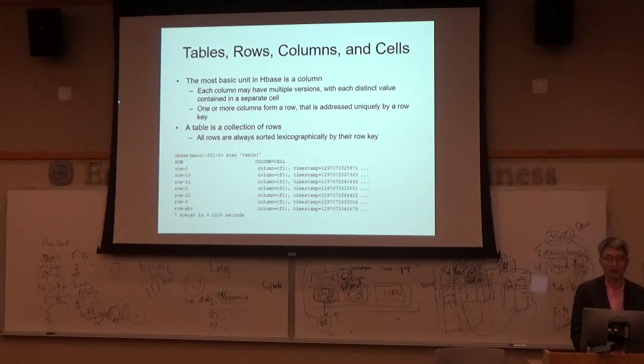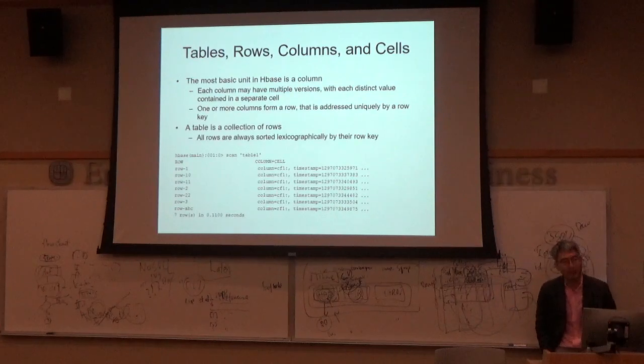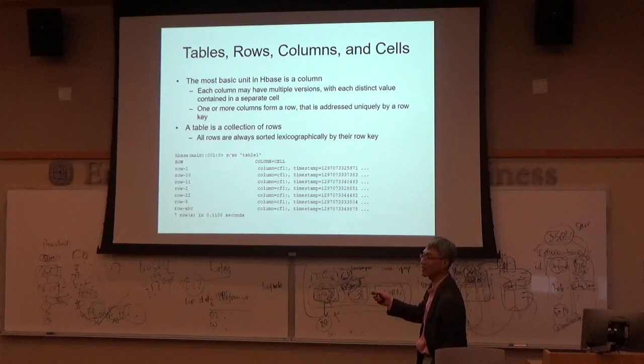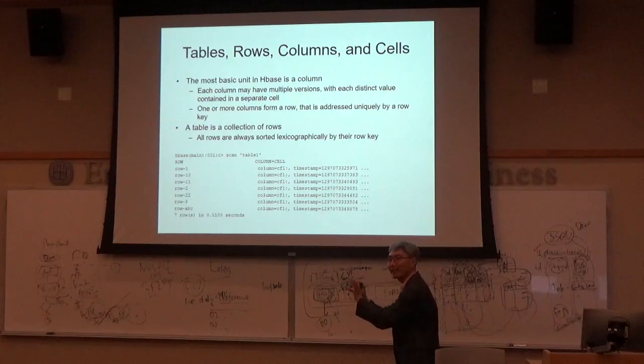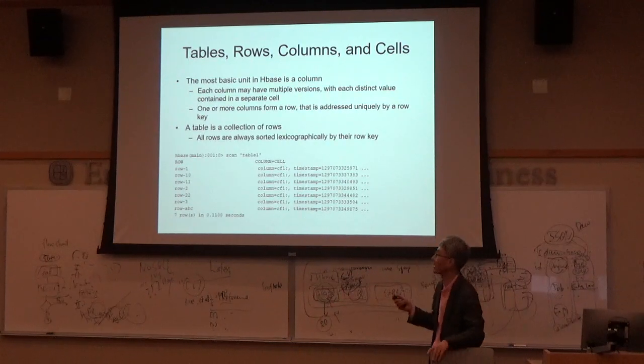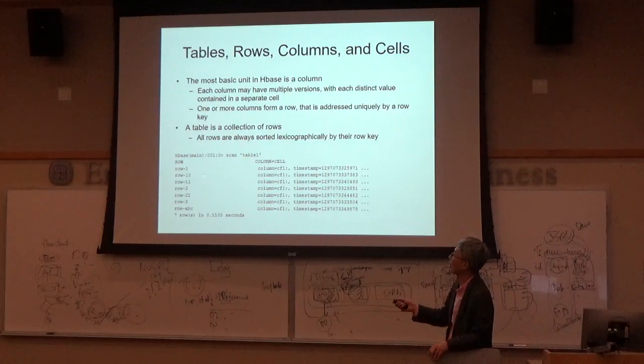Okay, so let's see the inside of HBase. Scan is to select from the HBase table. For a table named table 1, scan is like select asterisk from table 1 in terms of a relational database. You will see something like this. The row is the key.